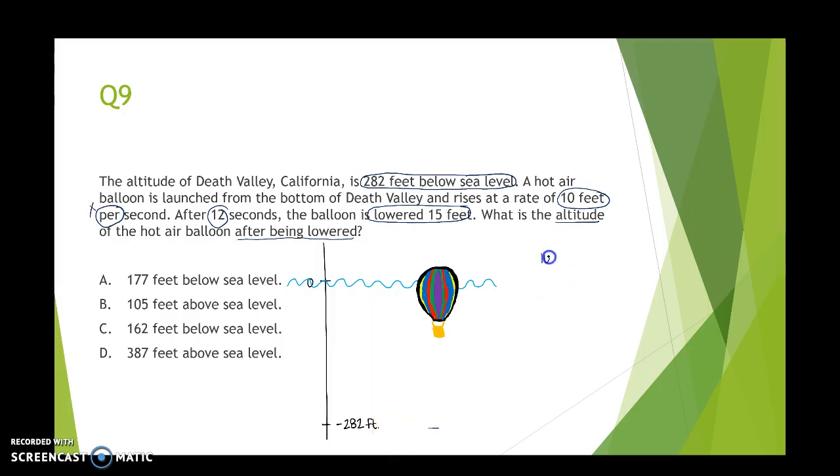And then after 12 seconds, it's lowered. So for 12 seconds, we said per second, so we're going to multiply. So 10 times 12 is 120 feet.